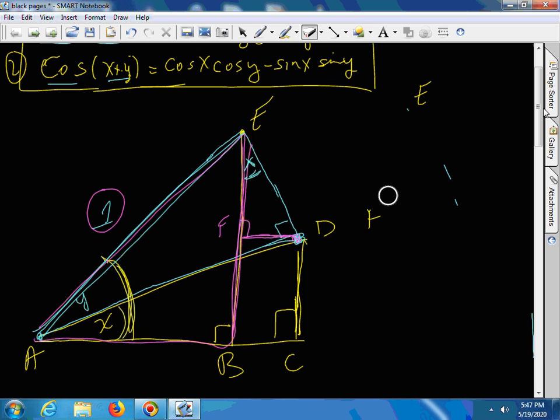I am mistaken. Let us call this point here G. Let us look at the triangle EGD. Okay. Let us look at that triangle.